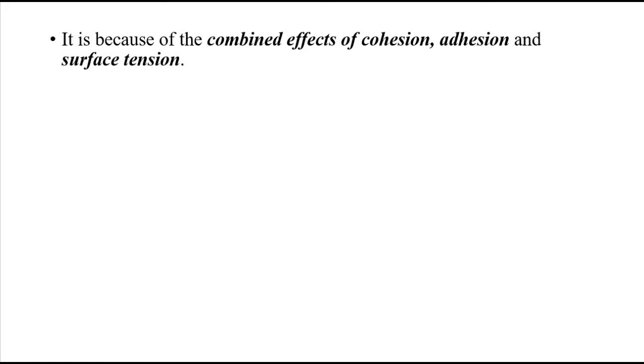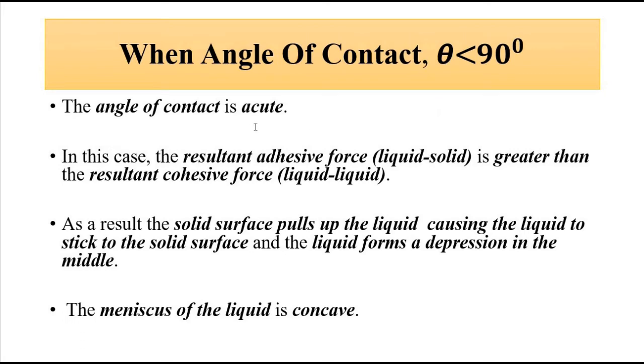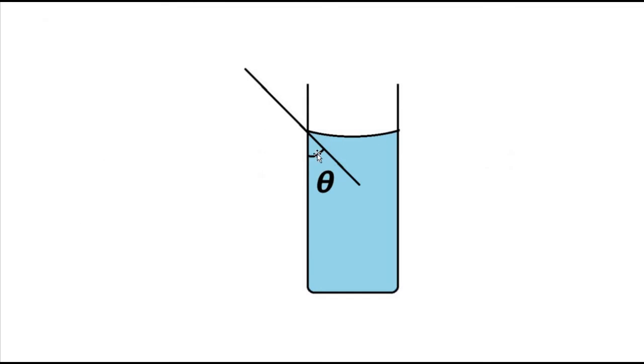Okay, so we discussed angle of contact. When the angle of contact is lesser than 90 degrees, it is called an acute angle of contact, and the resultant meniscus of the liquid is concave.